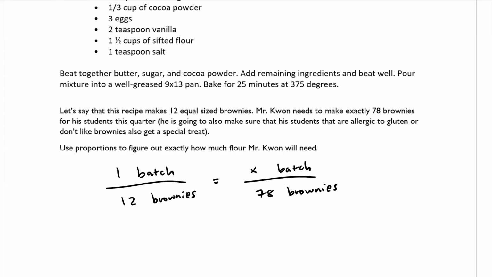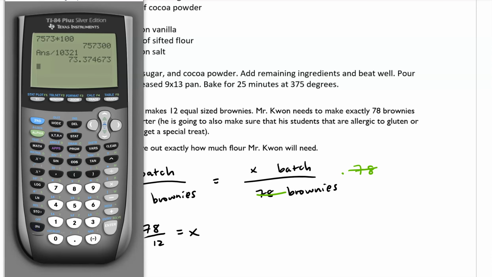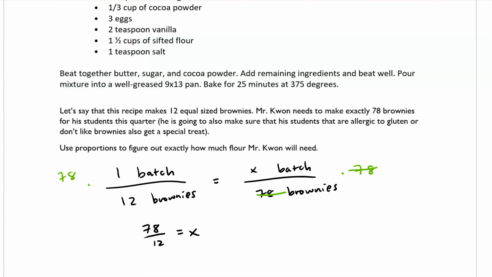So just like in the previous examples, we want to get x by itself. So I'm going to multiply 78 to both sides. So that will cancel that. And then on the left-hand side, we will get 78 over 12 equals x. And if I do 78 divided by 12, that ends up being 6.5.